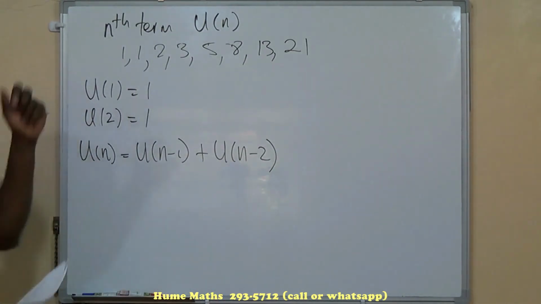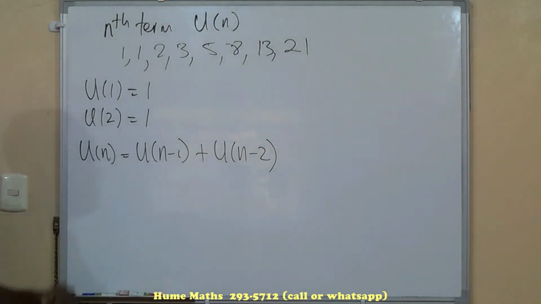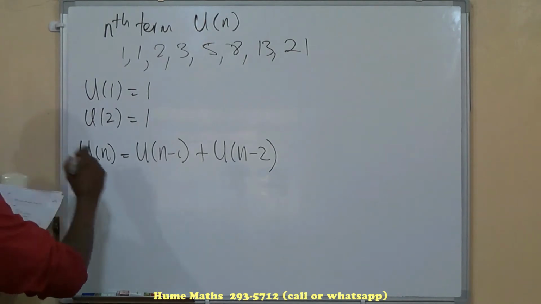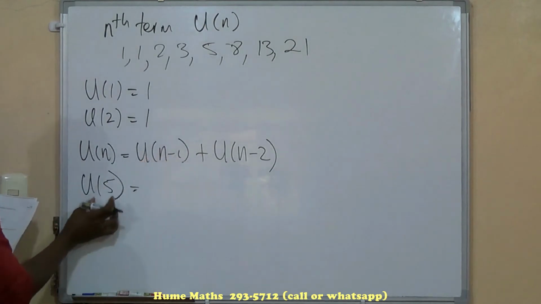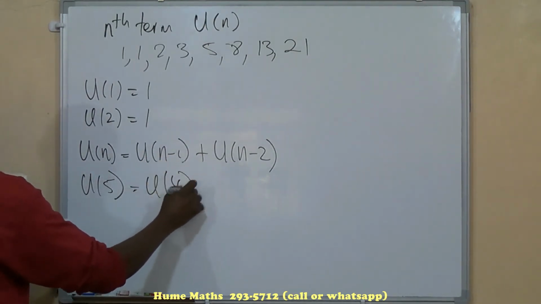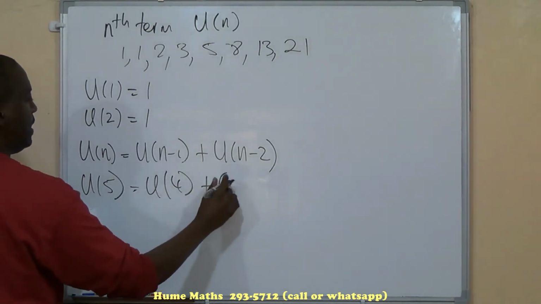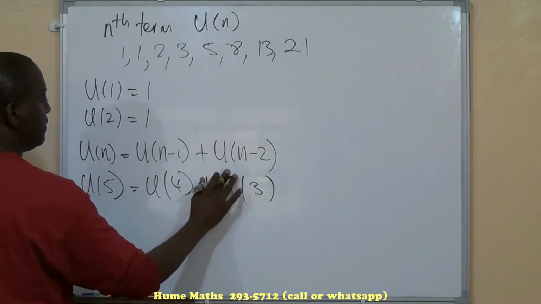And then they went even further to illustrate this by the use of two examples. So u5, if n is equal to 5 here, then n minus 1 here will be u4 plus un minus 2, this will be u3. That is 2 plus 1, which is 3. Right?